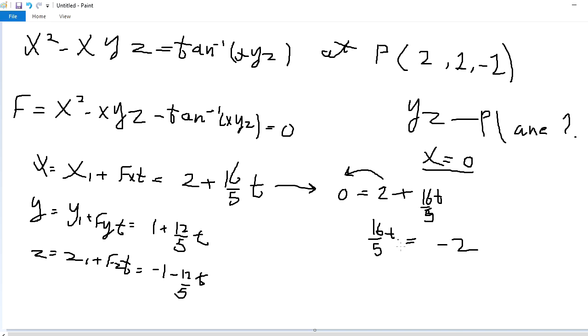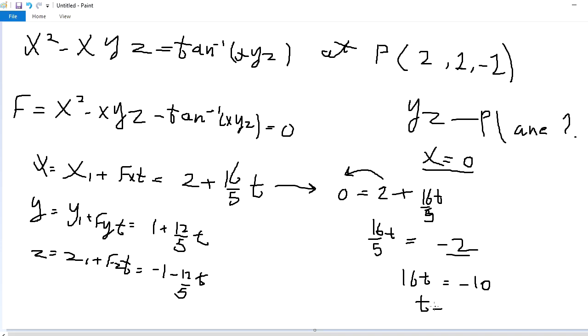Then I just solve for t. So it's going to be 16t equal to -10.